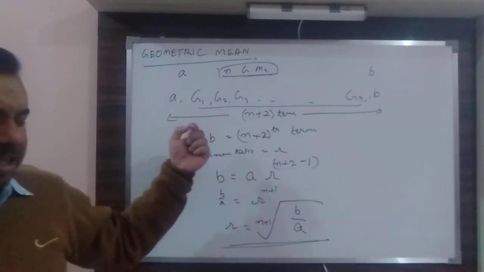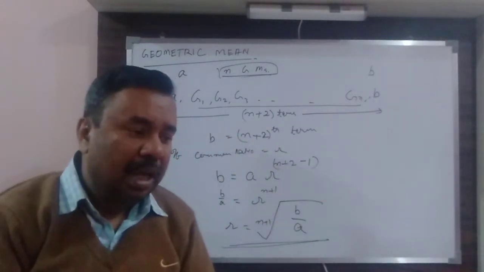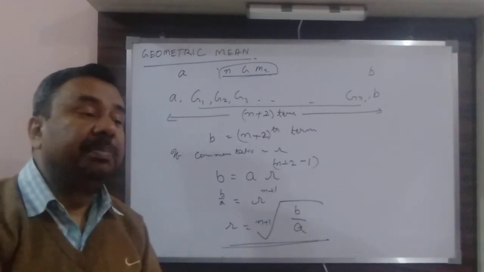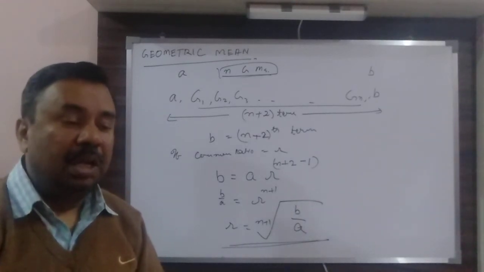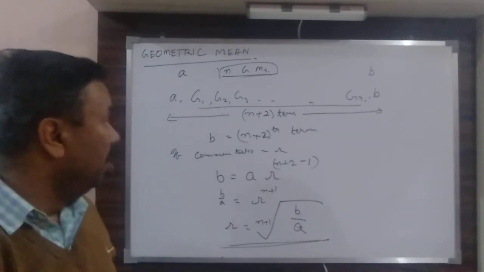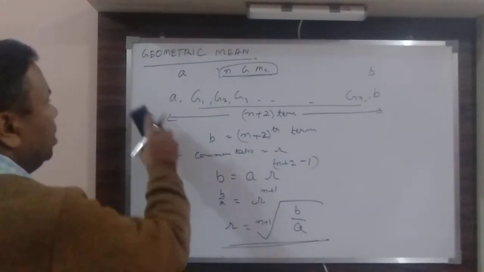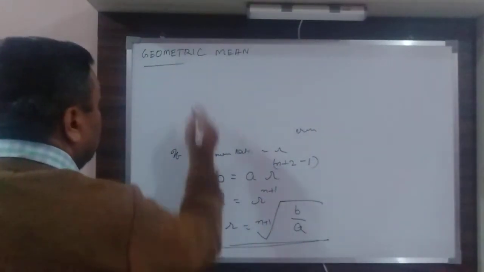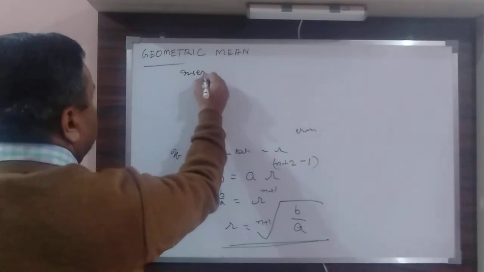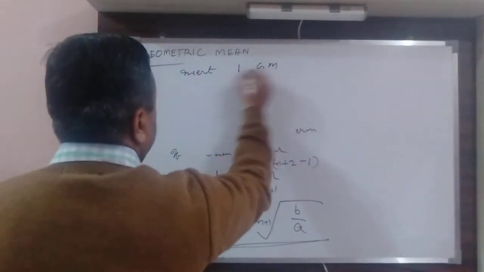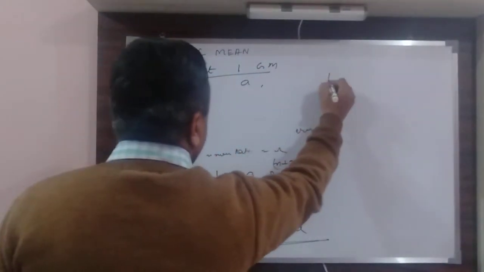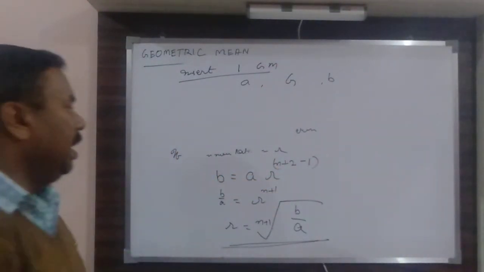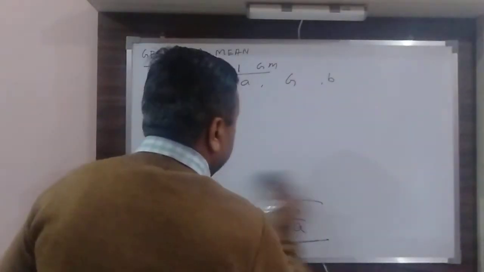Now there is a very small deduction from this. If you have to insert only one geometric mean, what does it mean? Suppose I have to insert one GM between A and B. Since it is one, I will just take G only.